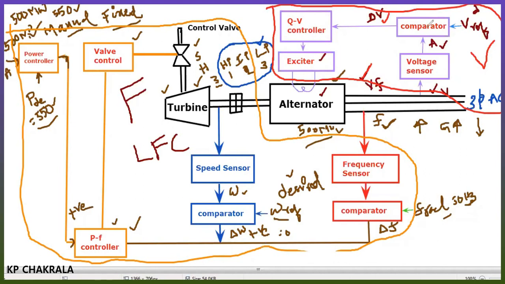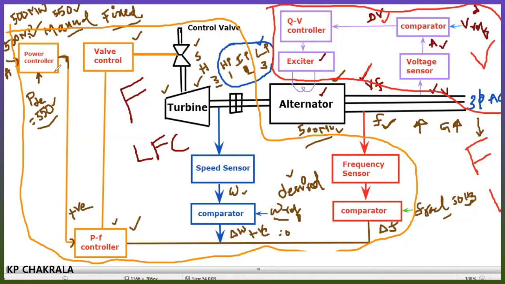So like this, these two control loops are integrated in order to maintain the frequency and voltage of the entire system. And here there is a manual control operation. It is a power controller. This is normally done by the speed changer in the governing system.